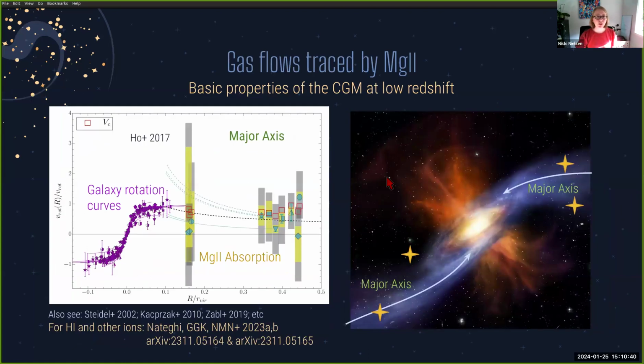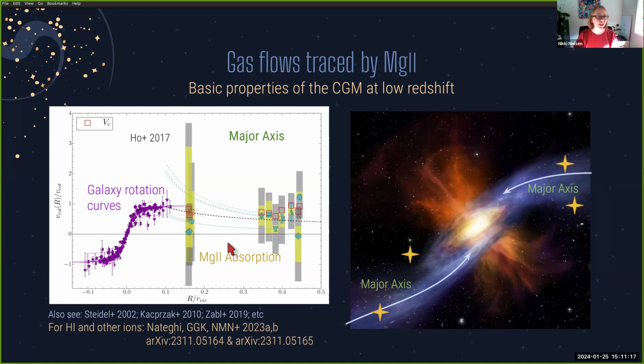And we do think, based on the kinematics, that we are probing these different baryon cycle processes. This is work done by Stephanie Ho, and I know she gave a talk in this series earlier last year. If we focus on the major axis sightlines and compare the velocities of the magnesium-2 absorption to the galaxy rotation curves, we tend to find that the low ionization CGM is consistent with either an extended rotating disk or these filaments that are coming in and adding angular momentum to the disk.